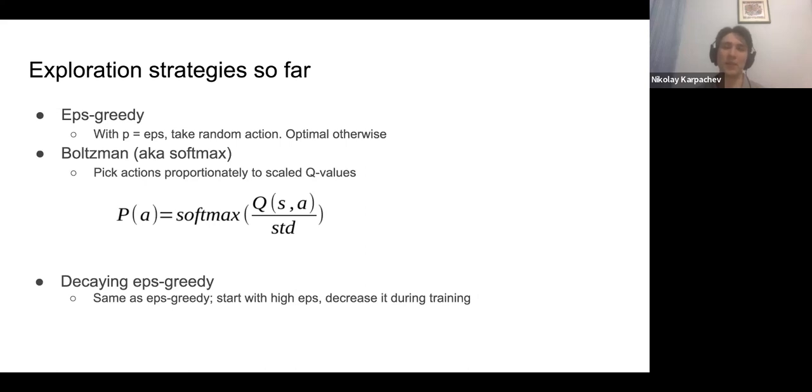Both will be very bad. Hence, it will be better to explore very intensively at the start to get more knowledge. And at the end of the training, we'll have much better knowledge about the world, and there will be no need to explore as intensively as before. So we start with high epsilon, and then we decrease epsilon during training towards zero. So it's called decaying epsilon greedy.